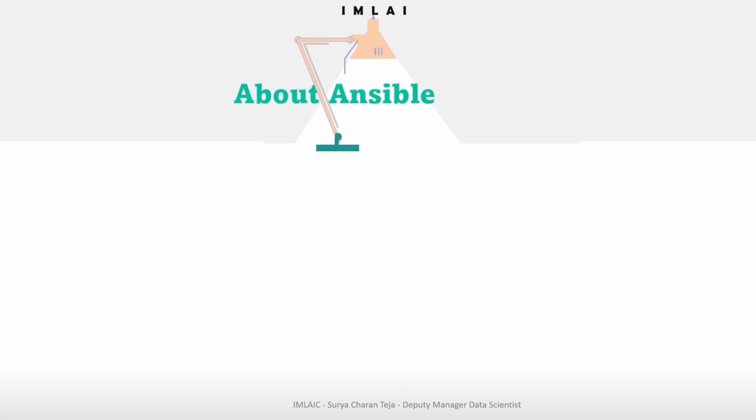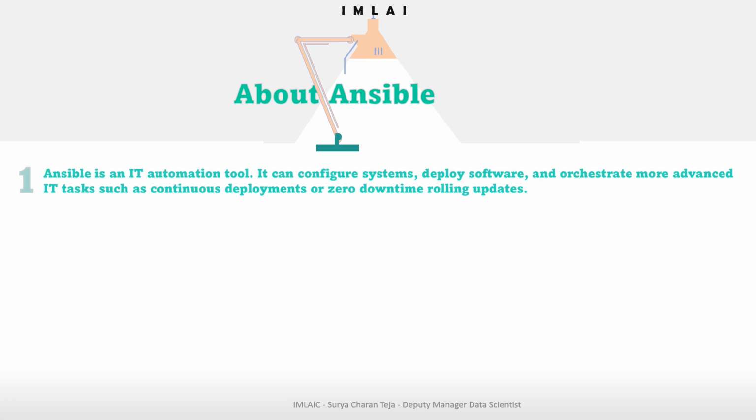The most important and widely used purpose of Ansible is that it can configure systems, and it can deploy software, or it can orchestrate more advanced IT tasks such as continuous deployment or zero downtime rolling updates. A fantastic feature is that it is very useful in continuous deployments and zero downtime rolling updates.